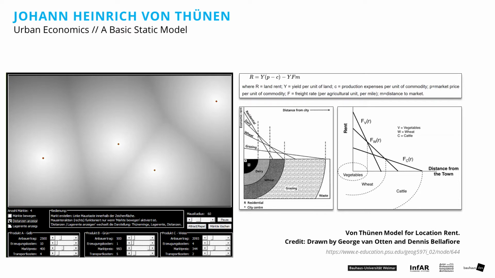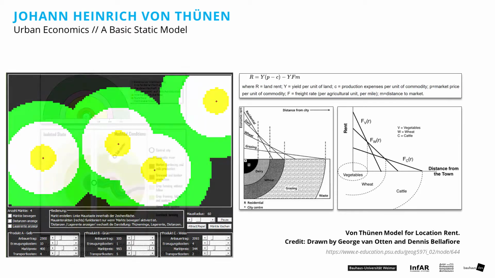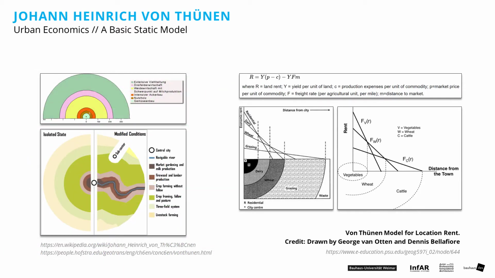The emerging land use pattern would be rings around the central market, but they can be distorted by streets or rivers that have an influence on the transportation costs to the distance, or the distance measured in time, which is more or less both the same.